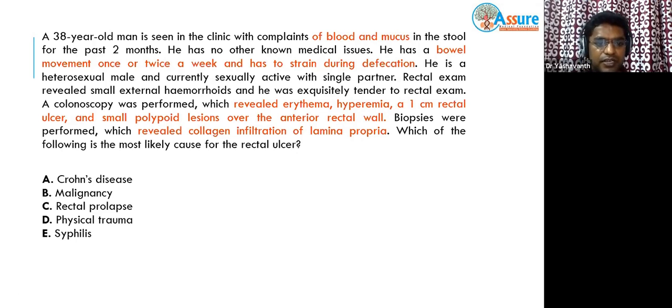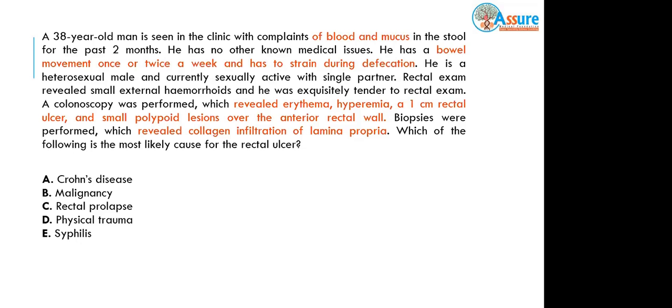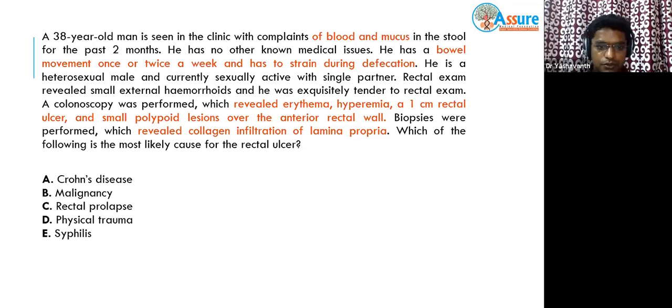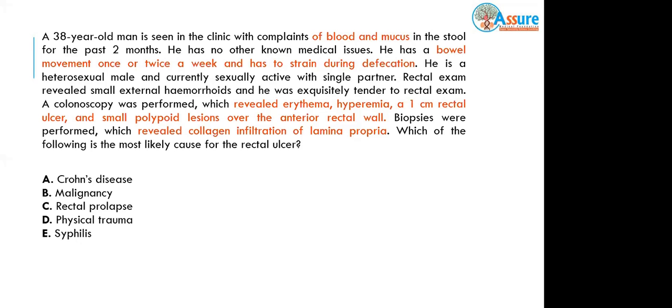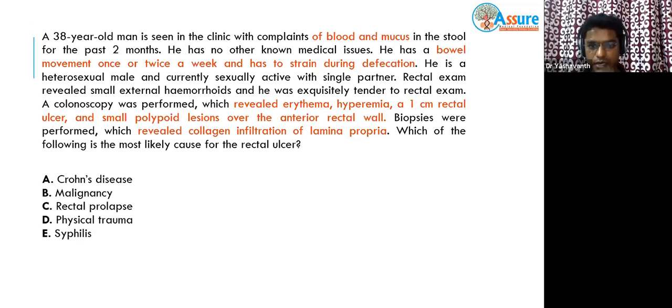Biopsies revealed collagen infiltration of the lamina propria. What is your diagnosis? Solitary rectal ulcer syndrome, SRUS. Very good. Whenever, while taking a biopsy, it gives a gritty sensation, it is always SRUS, where you have increased collagen in the lamina propria.